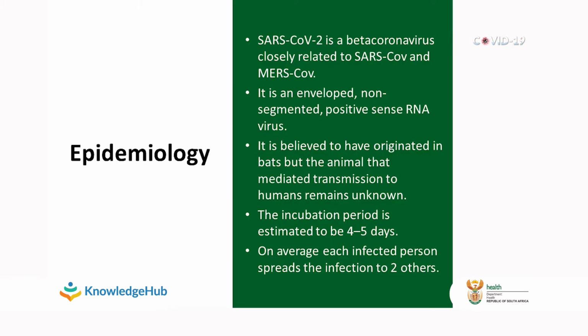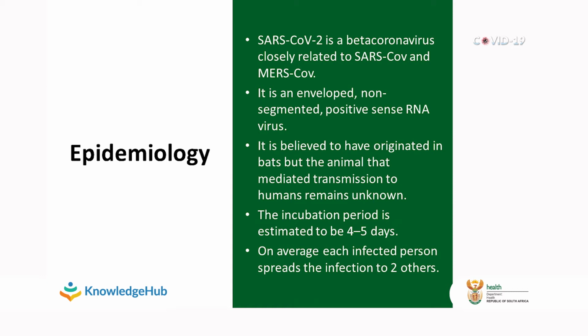SARS-CoV-2 is a beta coronavirus, which is closely related to SARS-CoV, which we know as swine flu, H1N1. We've known this for a while. So it is a new version of this swine flu that we've heard about before.